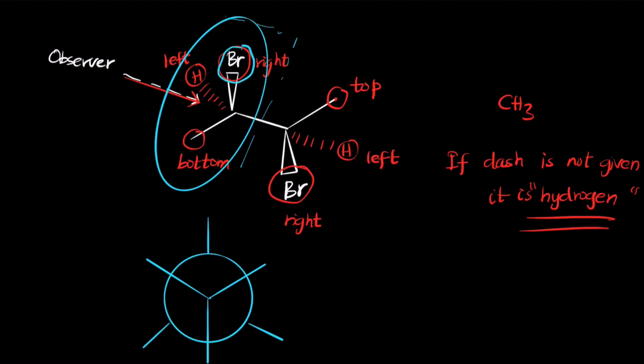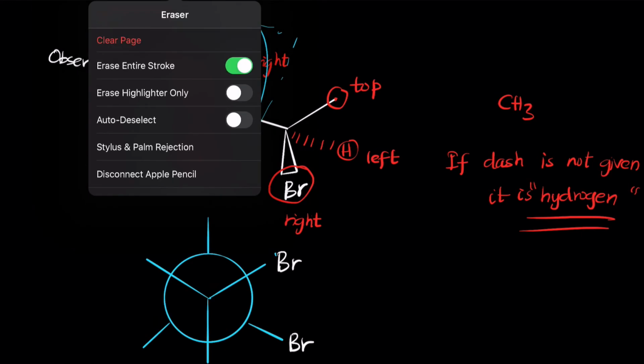Notice that this is on the right side. In this diagram, just draw a reference line in the actual center. If you think this is the actual center, then this becomes bromine, and on the bottom this is bromine. Next you have other lines as well.